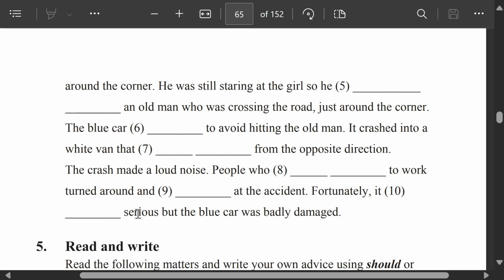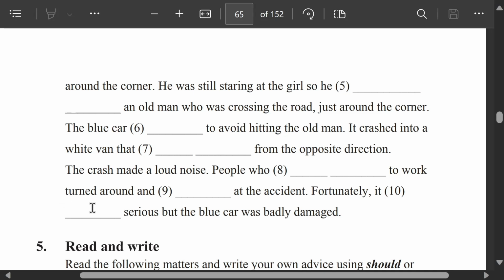In the present? It is not serious. You're using the present. But all this is, you see, we are using past continuous and simple past. It was not. It didn't. It was. Yeah, it was not serious. It was not serious. It wasn't.